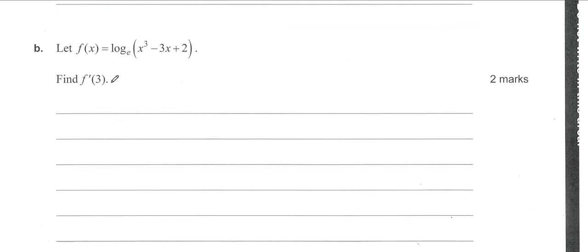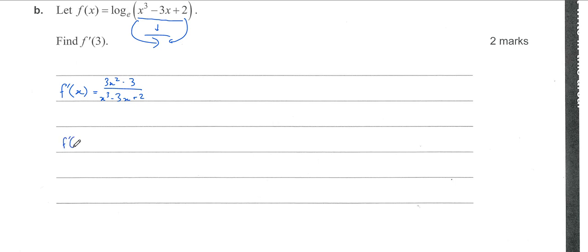Find the derivative at x equals 3 when f of x equals this natural log. Finding the derivative using chain rule, it's simply going to be the derivative of this over the cubic. So it's going to be 3x squared minus 3 over x cubed minus 3x plus 2.